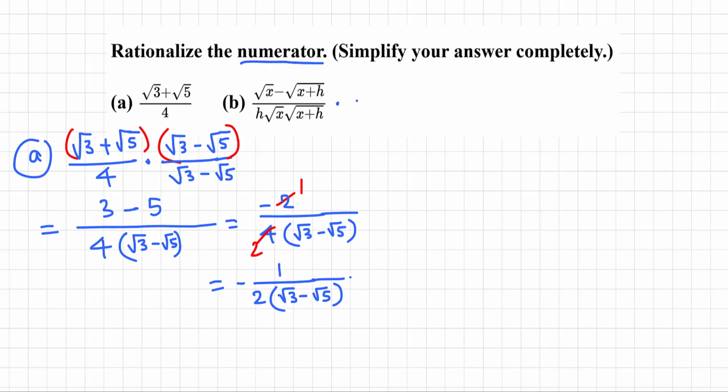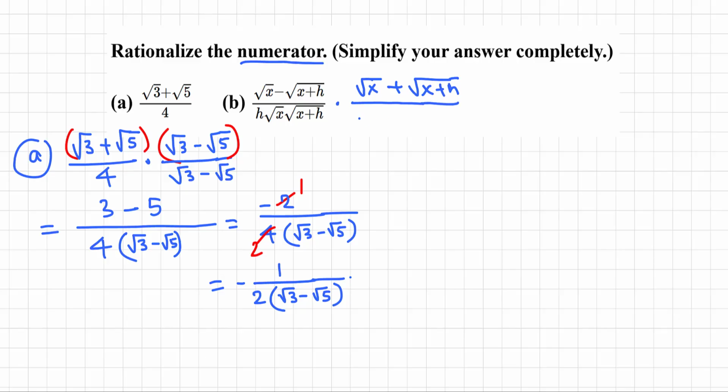Don't bother with the bottom, just the top. This one is 1, and another two terms, there is a minus in the middle, not this one, the one between two different terms. So this will be plus, and copy the same thing: root x plus h.